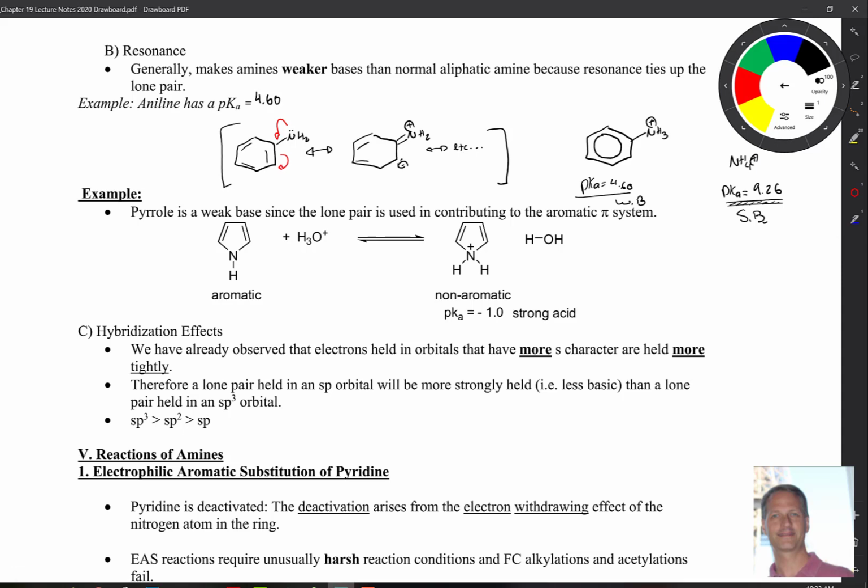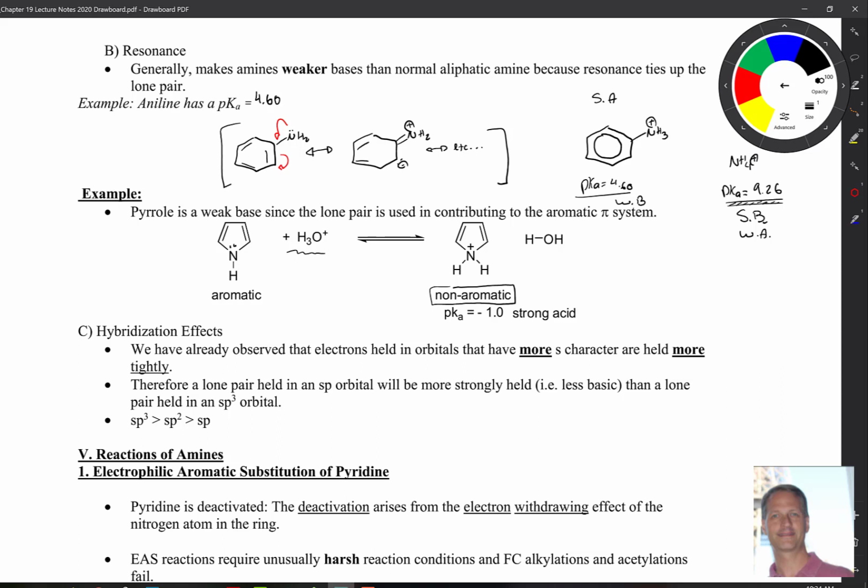Here you have a stronger acid, and here you have a weaker acid. All right? Another example here is pyrrole. With pyrrole, we have a lone pair here, and this is even more exaggerated, because when we gain a proton from H3O+, we destroy the aromaticity. So this has a pKa of -1. It makes it a pretty strong acid, and therefore a fairly weak base.